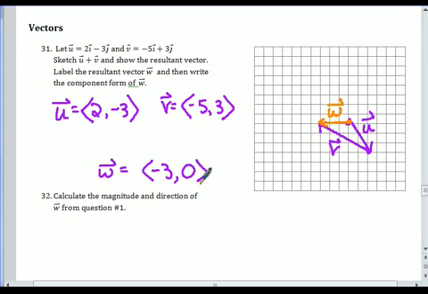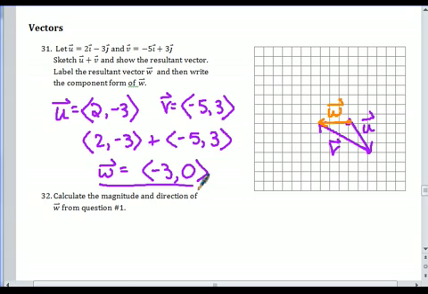Now you can double check your work here by simply adding the components that we already had in our previous vectors. 2 plus negative 5 is negative 3. Negative 3 plus 3 gives me 0. And so that is my resultant vector.